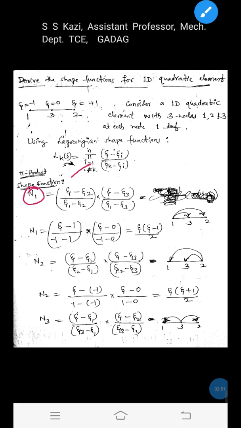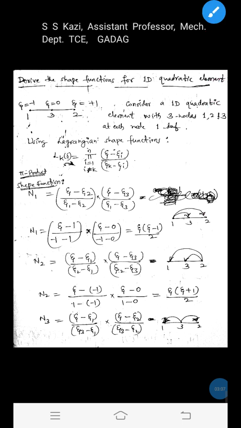Let us derive the first shape function N1. N1 can be written as N1 equal to L1 of zeta. N1 is the shape function at node 1 that has to be found out, and it is equal to L1 of zeta, that is the Lagrangian shape function at node 1 of zeta.